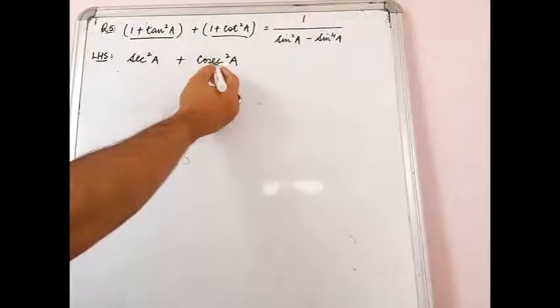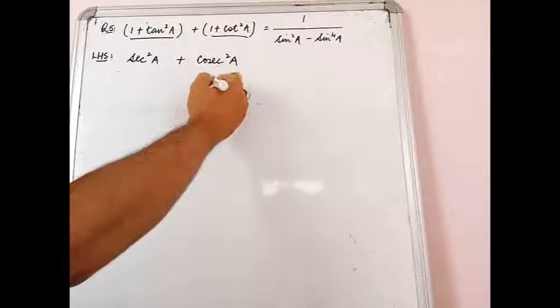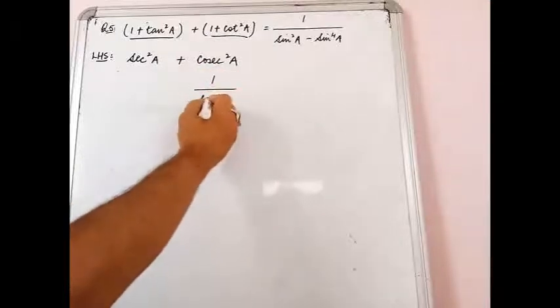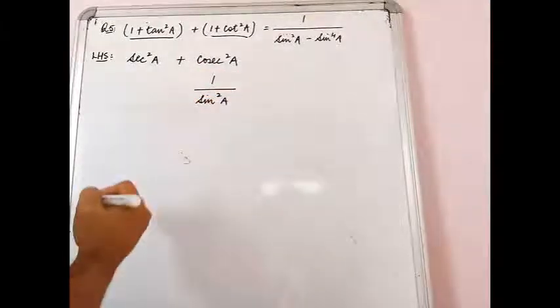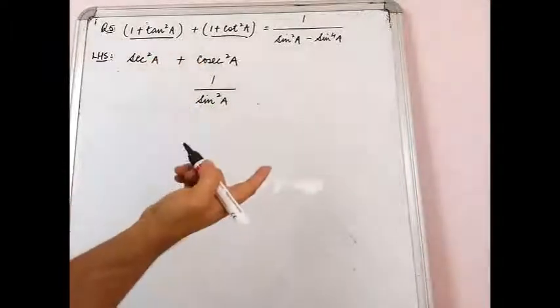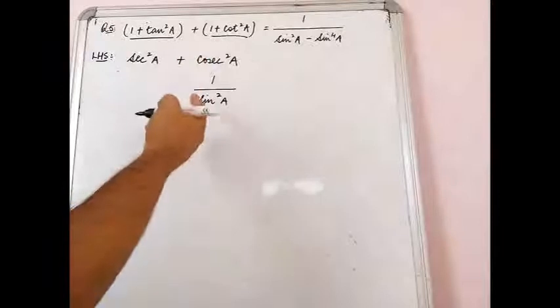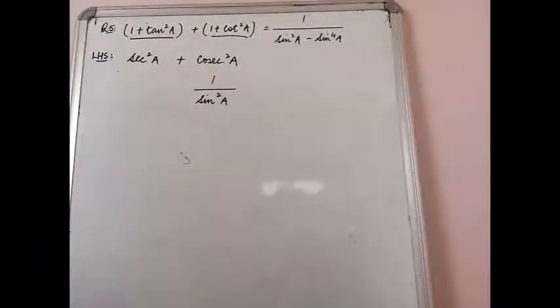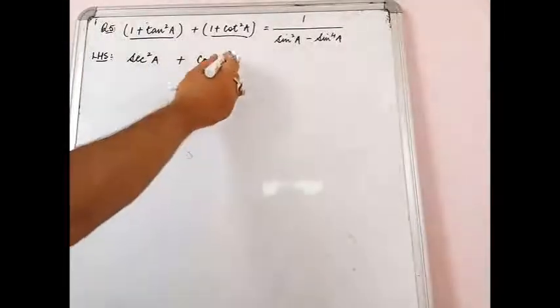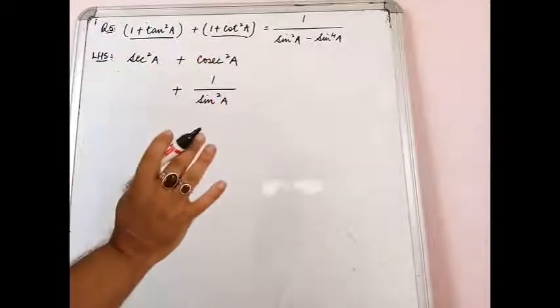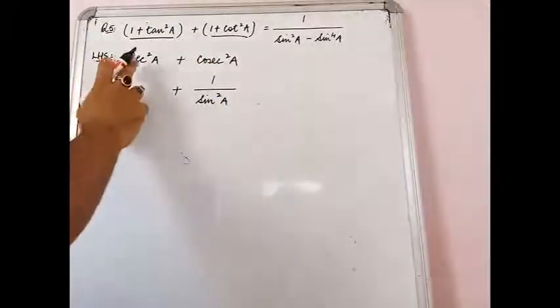So this portion can easily be written as this, because we know cosec is the reciprocal of sine. Therefore cosec square A can be written as 1 upon sine square A. So as far as this portion is concerned, we have changed it in terms of sine. What about this?